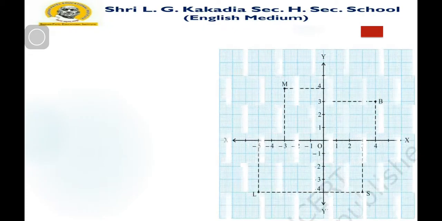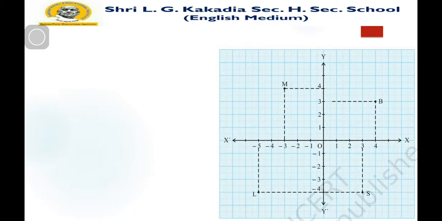So here given the plane, the x-axis, the y-axis, and also the given point. Here you can see that for point B, abscissa means the perpendicular line crosses the x-axis. The x coordinate of point B is 4 and the y coordinate of point B is 3.